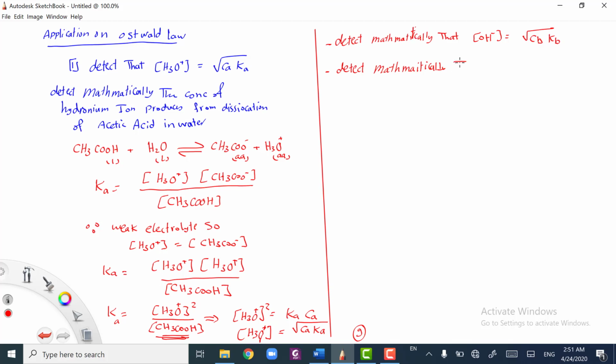Derive mathematically the concentration of hydroxyl ion, negative hydroxyl ion, produced from dissolving ammonia gas in water.